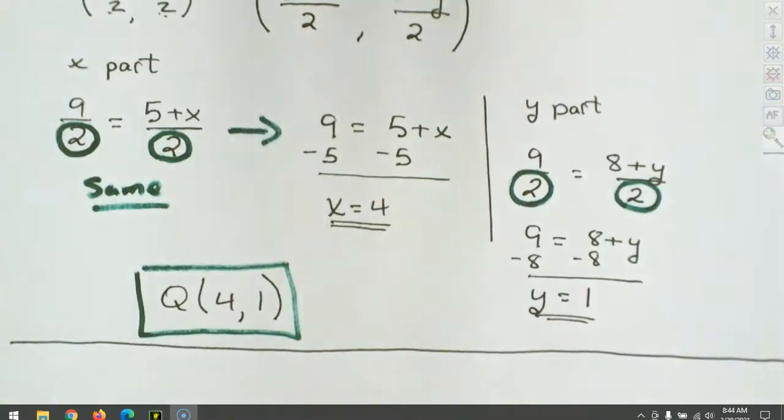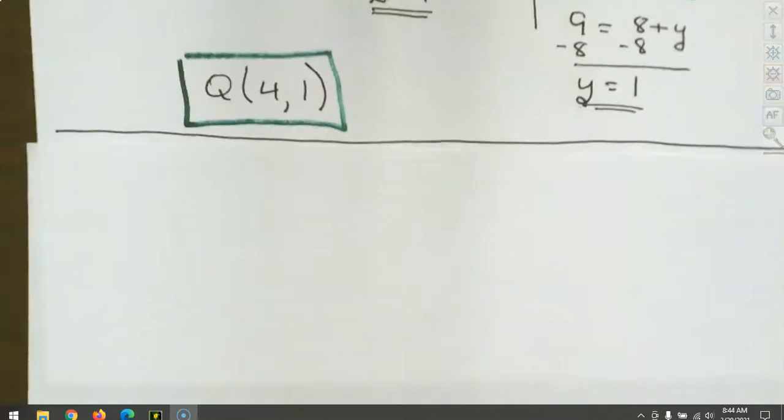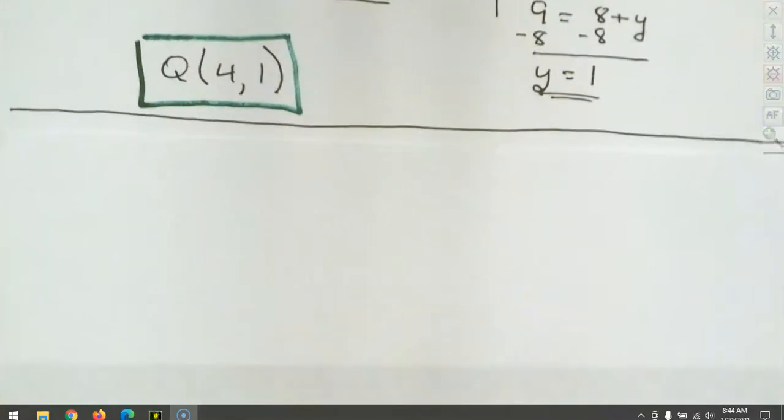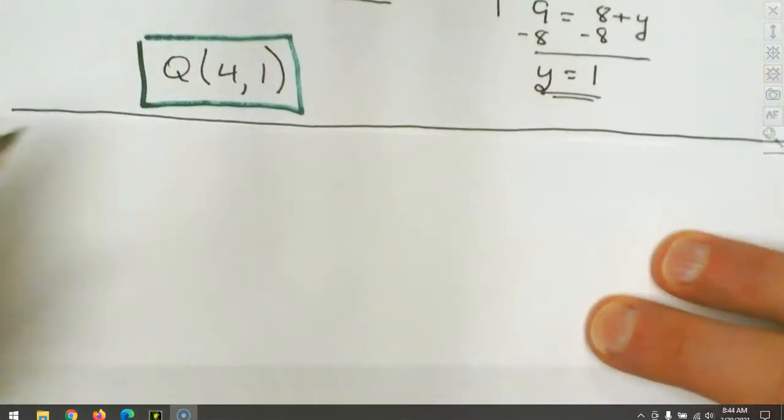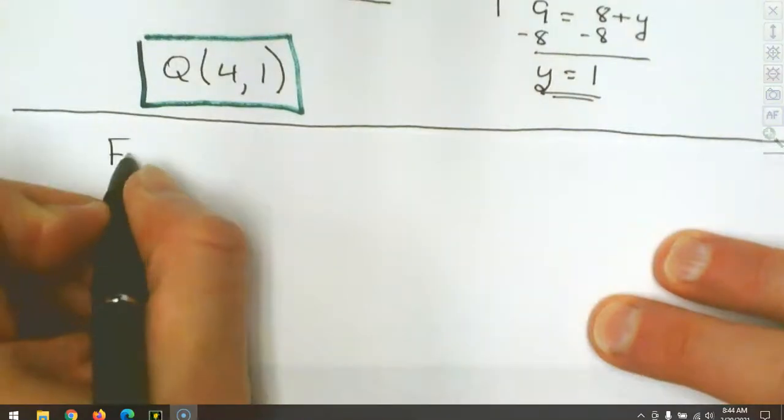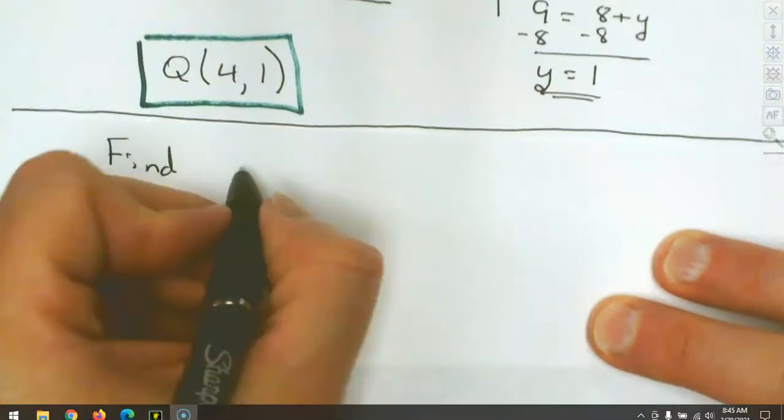Question 11. In question 11, we want to find the intercepts and then use the intercepts to graph this equation. So we're going to find the intercepts and graph.